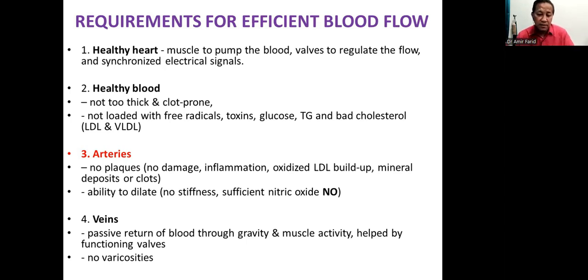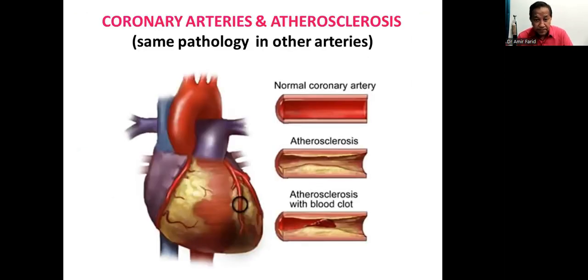For today, we will focus mainly on the arteries because much of the science of the endothelium refers to the arterial endothelium. Okay, so let's look at the coronary arteries in particular, but the same happens in all the arteries throughout the body.